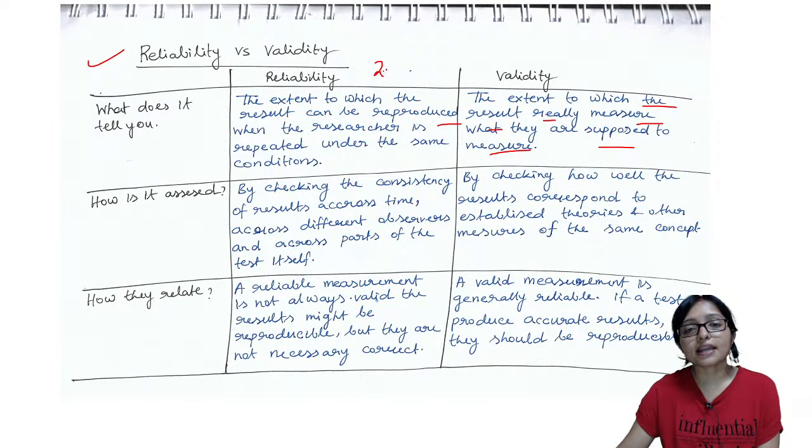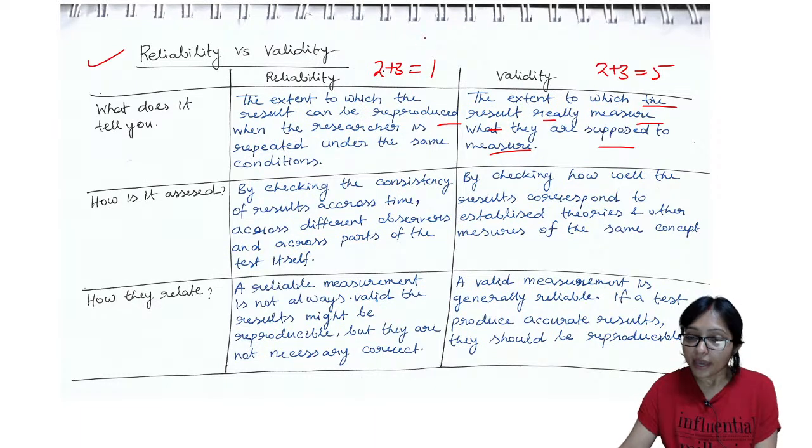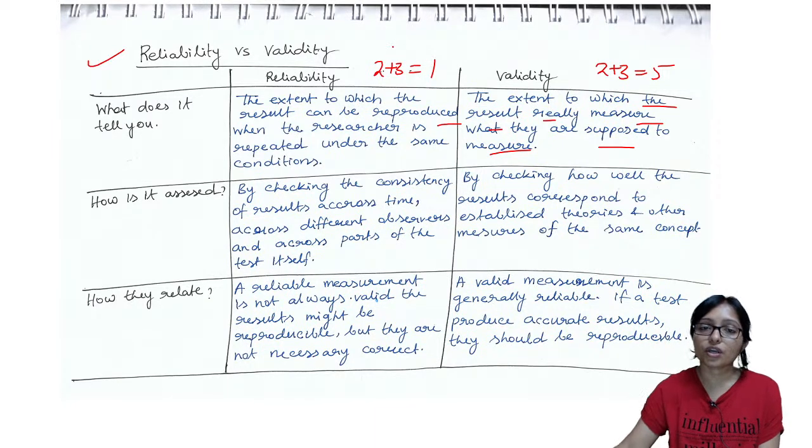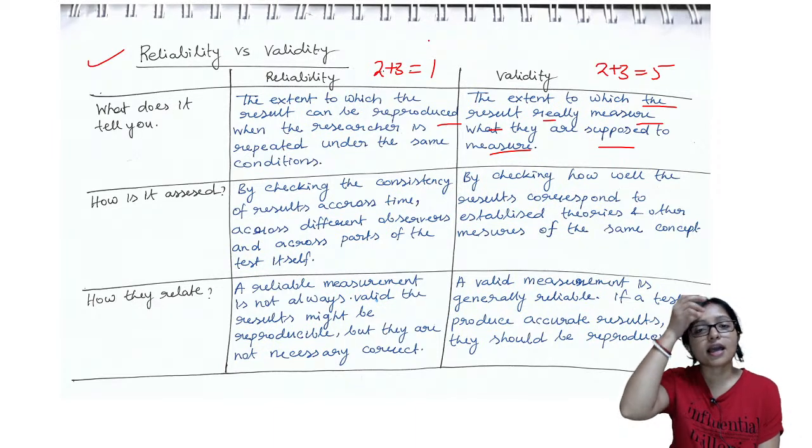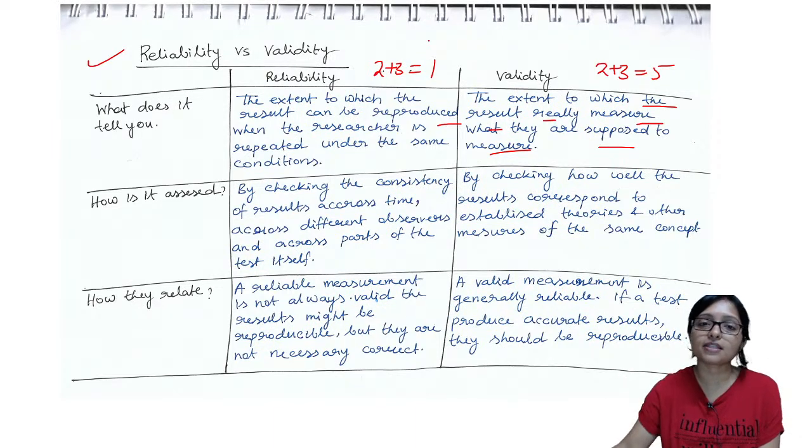Here I am taking an example: 2 plus 3. You are doing 2 plus 3, you are getting 5, but here, for 2 plus 3, you are getting 1. Again and again you are getting 1, because ultimately you are making a mistake, because your concept is wrong. Rather than plus you are doing minus, and again you are getting the same answer.